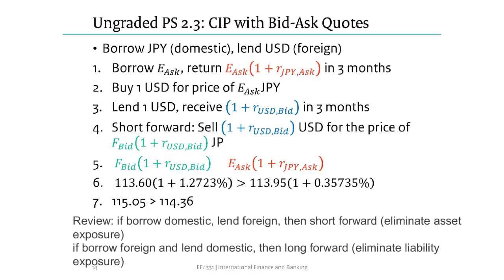When you short forward, again, short forward means that you're selling the foreign currency and receiving domestic, and in this case, you're trying to eliminate exposure when you receive the foreign currency in the future. For the other direction, as a review, you're eliminating exposure to your liability side as opposed to your cash flow side.